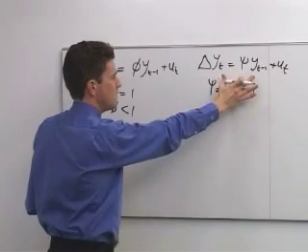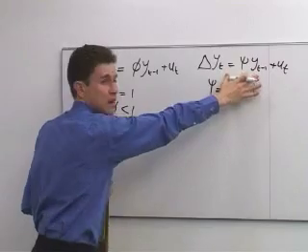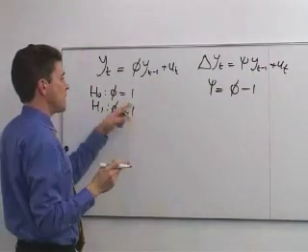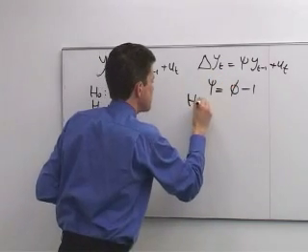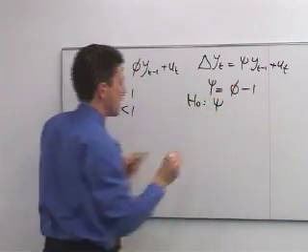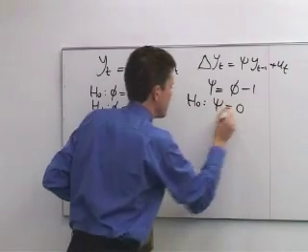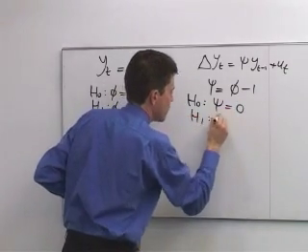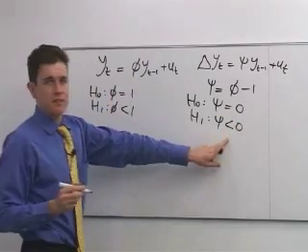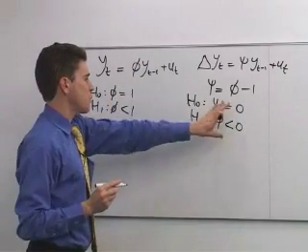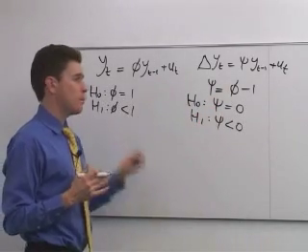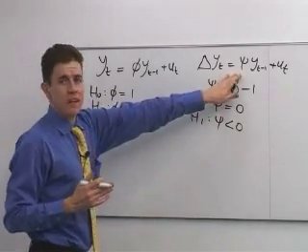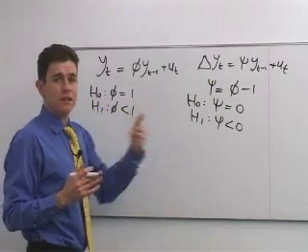The reason that it's easier in practice to use this test regression rather than this one is that if we use this test regression here, we end up testing instead the null hypothesis that the true value of psi is 0 against a one-sided alternative that it's less than 0. This is easier to do in practice because our test statistic can simply focus upon the usual t-ratio of the slope coefficient in this regression.